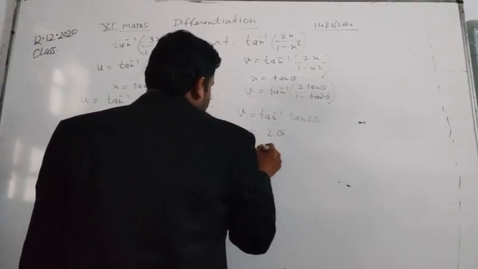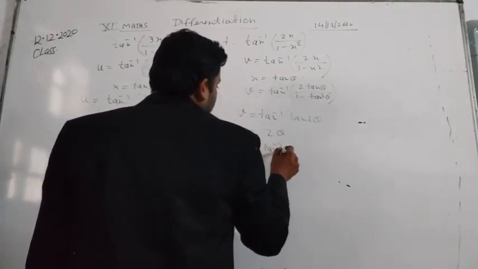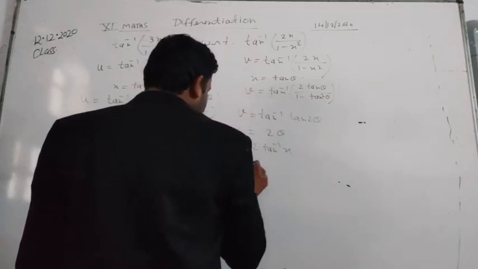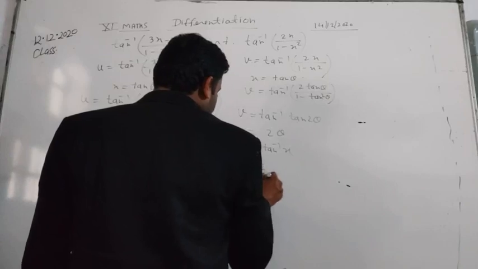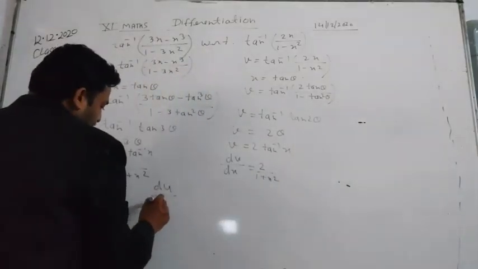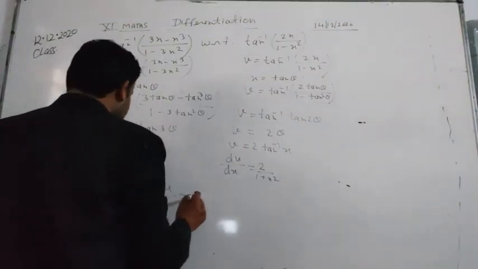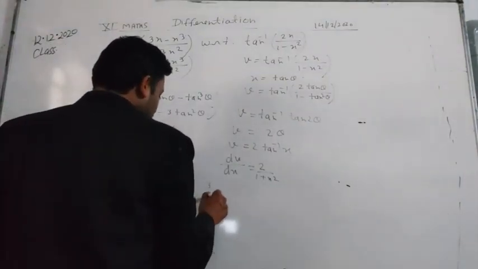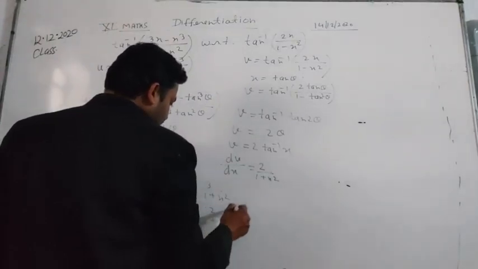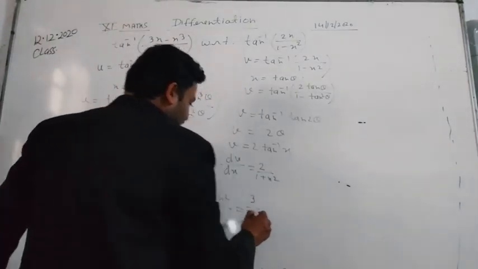So v is 2 tan inverse x. So dv by dx is 2 by 1 plus x square. Now du by dv we will write what? 3 by 1 plus x square by 2 by 1 plus x square. So it will be what? 3 by 2.